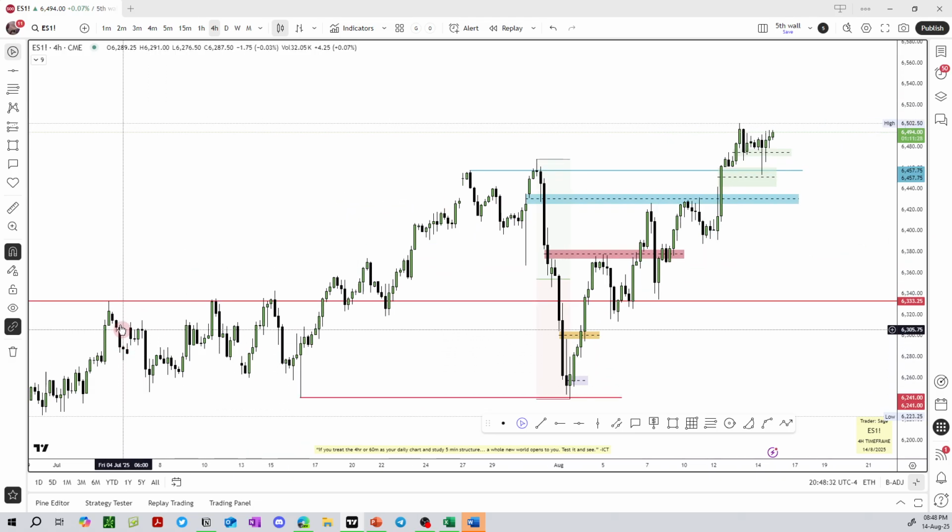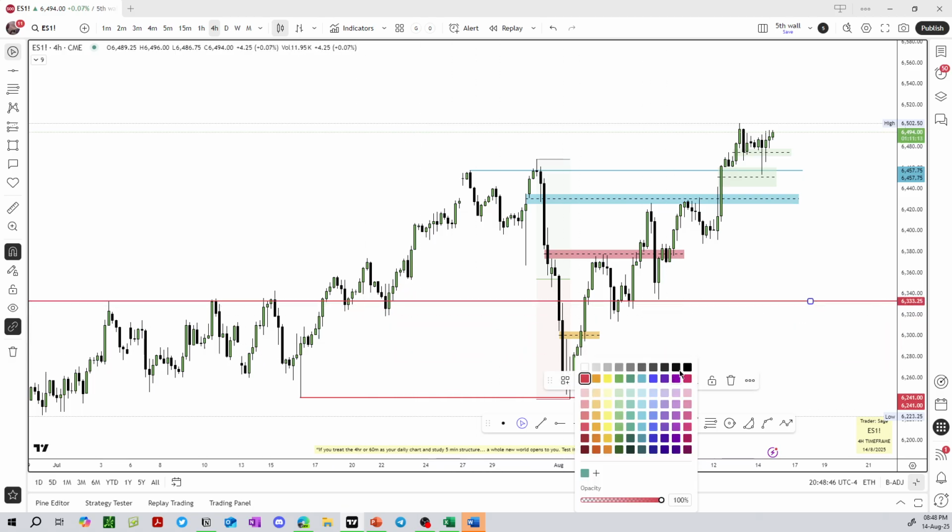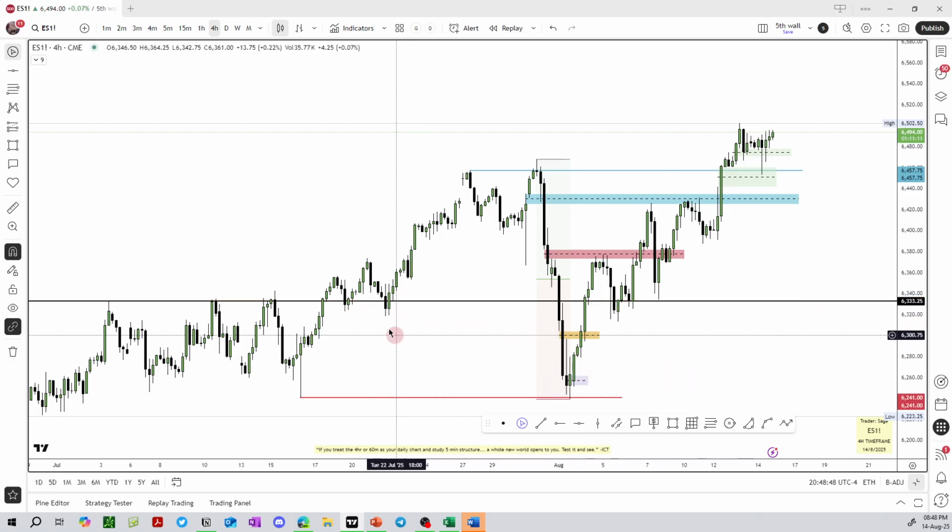So normally we're taught 3 touches, and that's a key level. But if you do 5, on a relatively high time frame, you go, okay, that's really a key level, right?